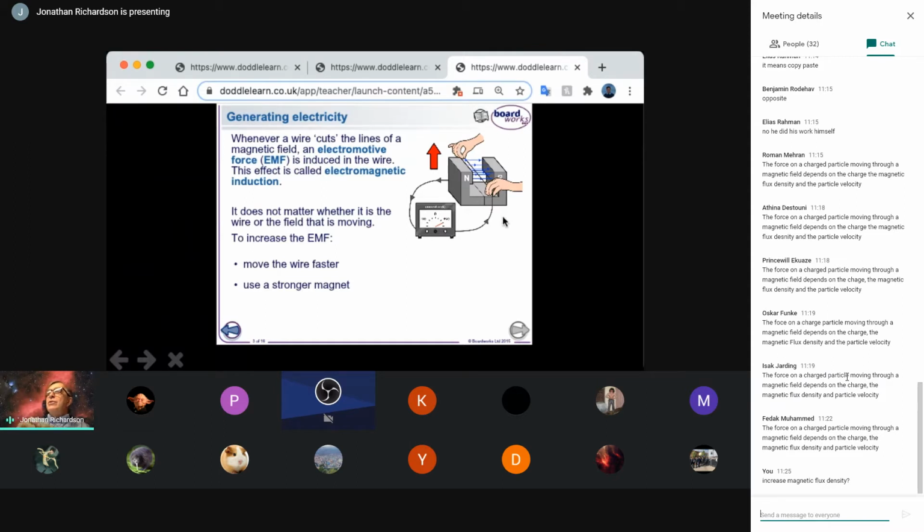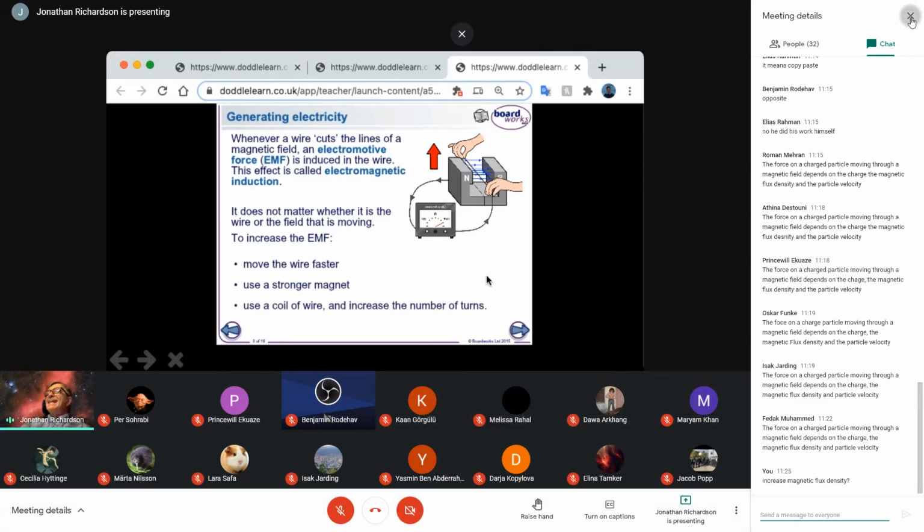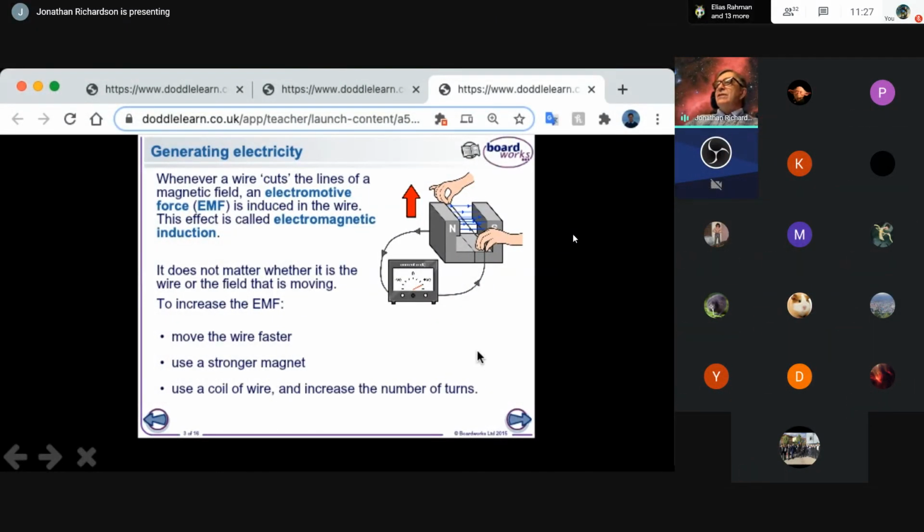So if we increase the length of the wire, the easiest way to do that would be to use a coil of wire, lots and lots of turns of wire. So we could use a coil of wire and increase the number of turns. And that in itself would mean there are more current carrying conductors existing inside this magnetic field.